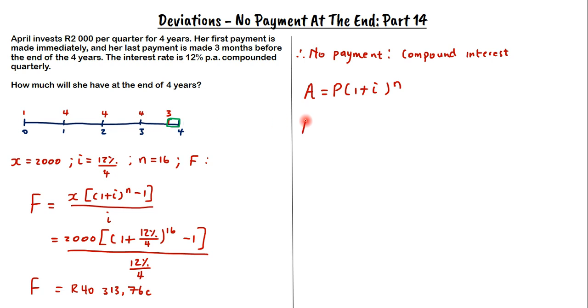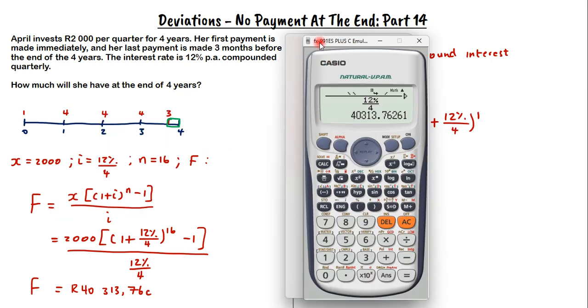So now A would be 40,313.76 into (1 plus 12% over 4), raised to the power of only 1. So we're going to press this into our calculator.